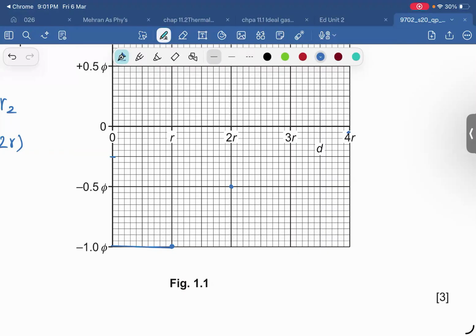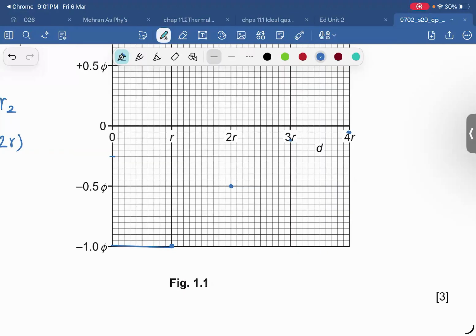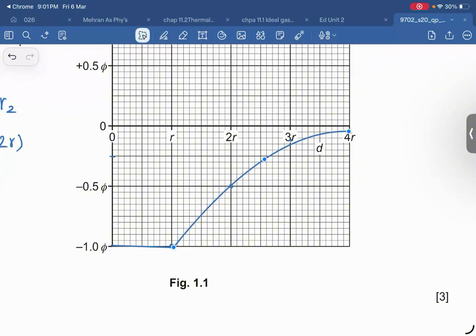So your graph should move like this. This is the inversely proportional graph.